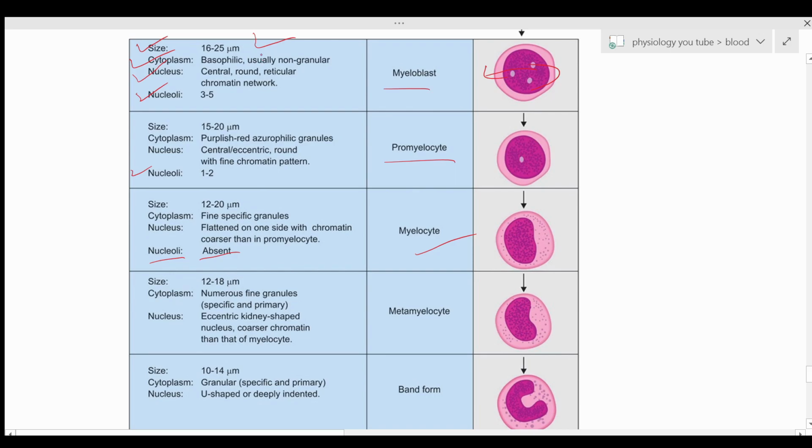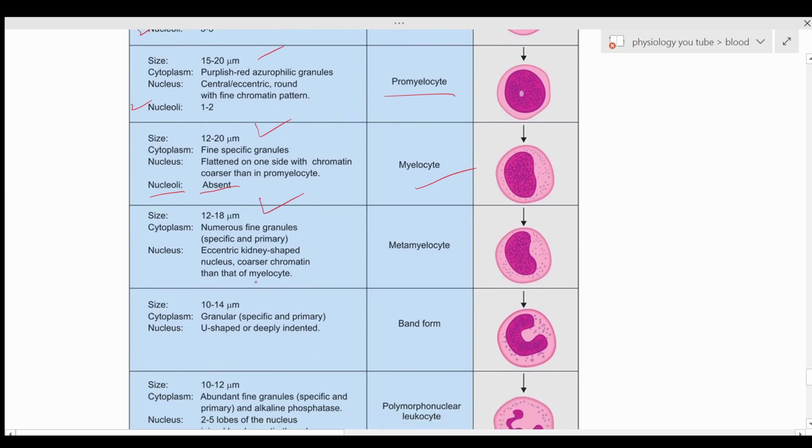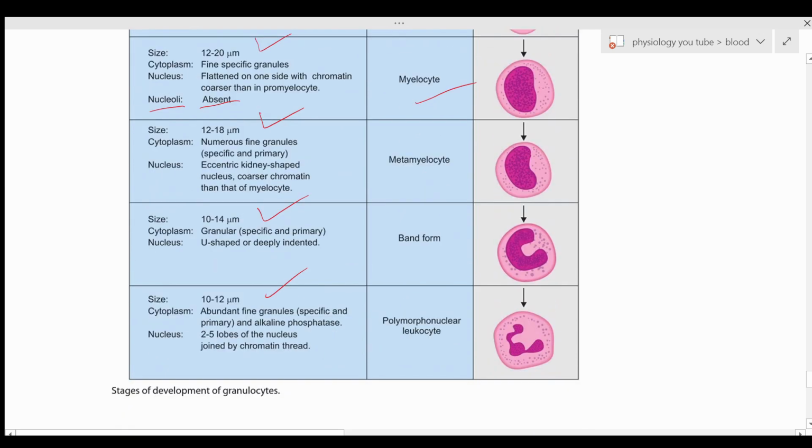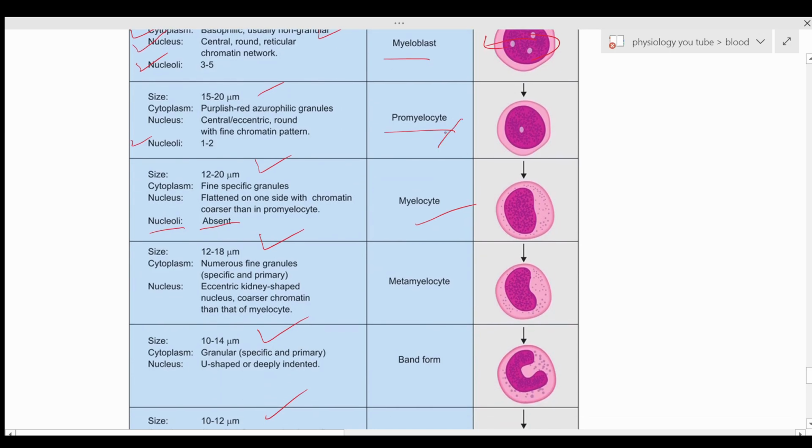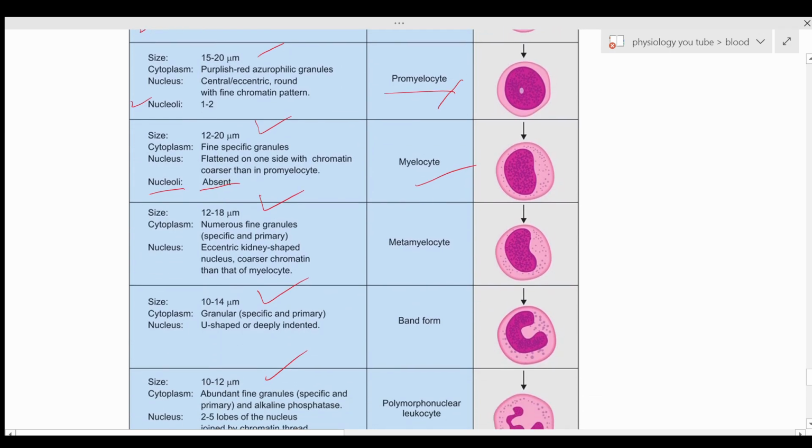You can see size is getting reduced as the development of the cells happens. And cytoplasmic content, here there are no granules. Once it enters the promyelocytic stage, granules start developing. You can remember them according to the different stages, but actually that is not that significant.